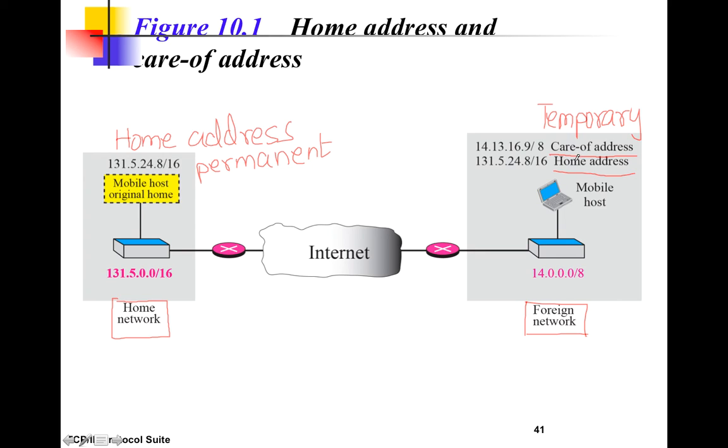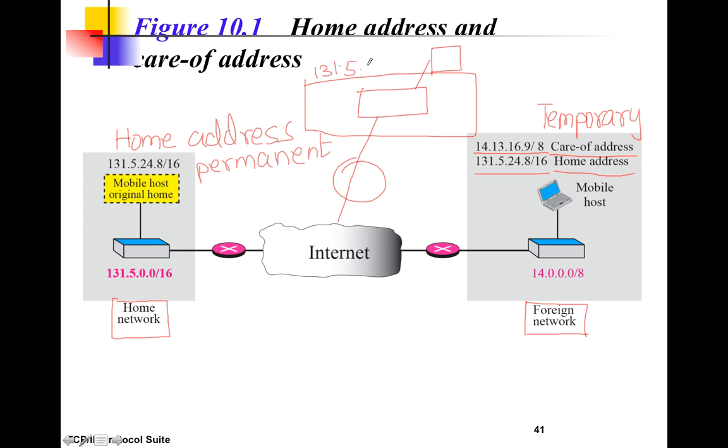So as you can see here, the mobile host has been assigned a temporary address called the care of address, but it also has the home address which will be the same. Similarly, if the mobile moves to another network from here, it will be assigned a new care of address, but the home address will still be 131.5.24.8.